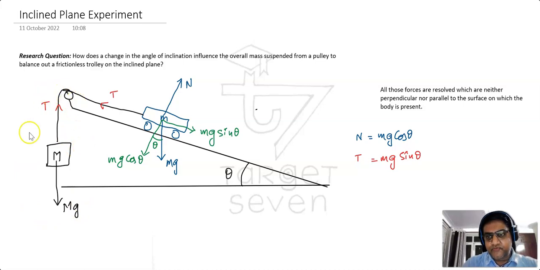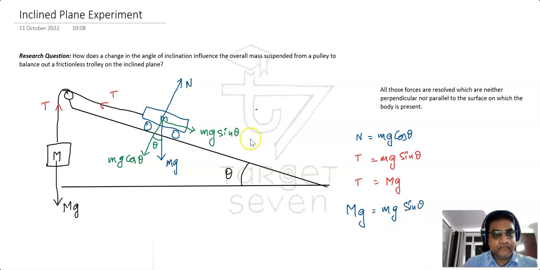So from the free body diagram for capital M, I can certainly write that the tension is equal to capital M into G. Since this is one continuous string, it's quite obvious that the tension in the string here and the tension in the string here would be the same, which then goes on to say that capital M into G is equal to mg sine theta. Needless to mention, the G here and the G there would strike off with one another. I would end up having capital M is equal to m sine theta.